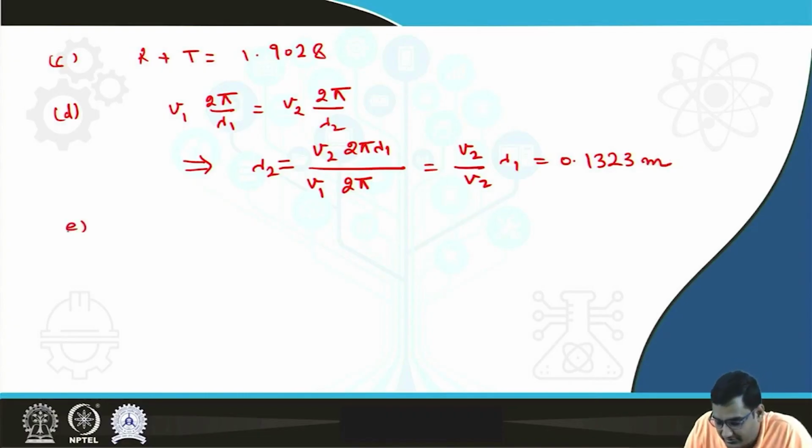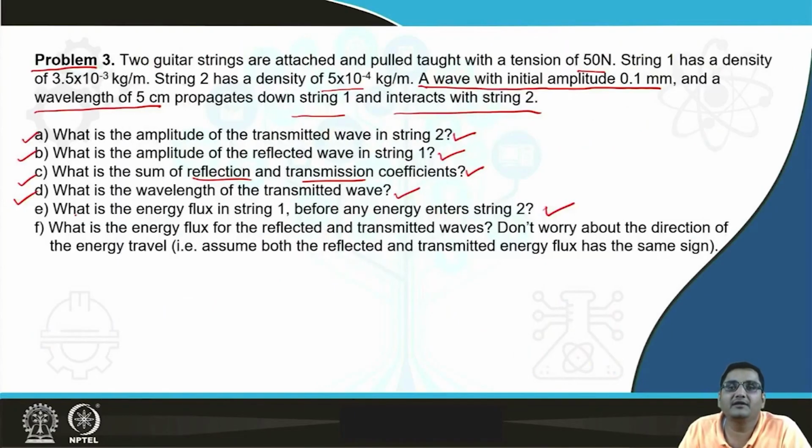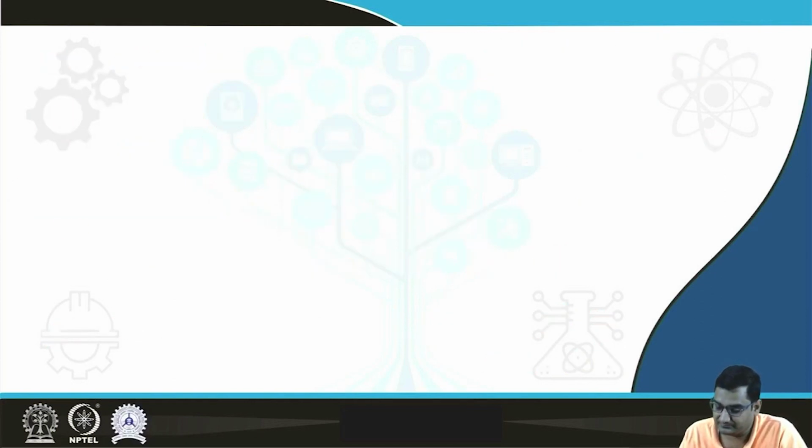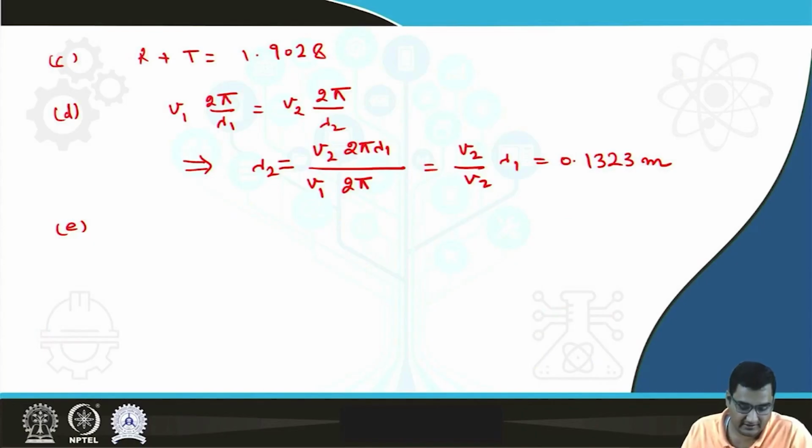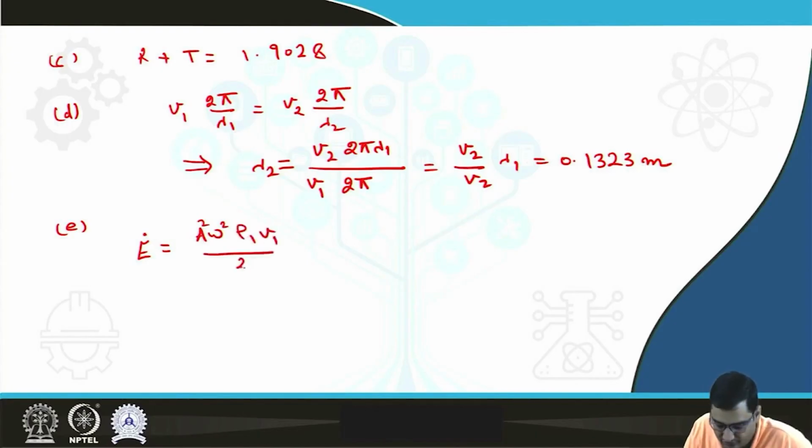Likewise, question number E says, what is the energy flux in string 1 before any energy enters into string 2? For this, the energy flux formula is E equals A square omega square rho 1 V1 by 2, and for that we need to calculate for string 1.